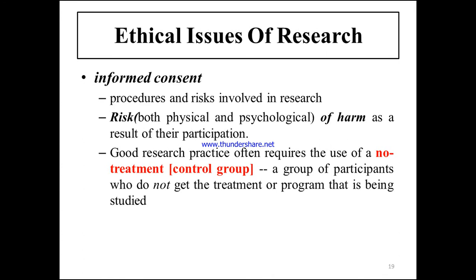You have to inform the participants clearly. These are the things that you have to consider, from the definition of the statement of the problem up to the final report of your studies.